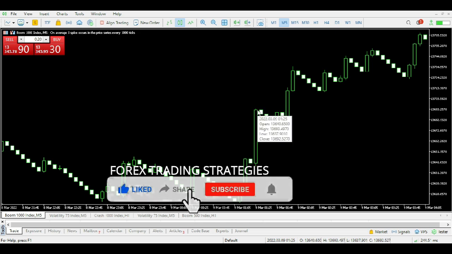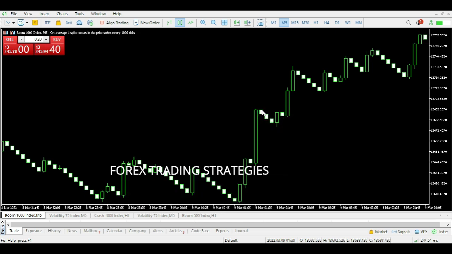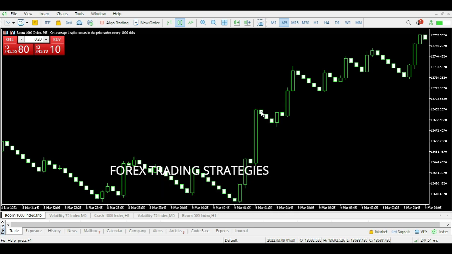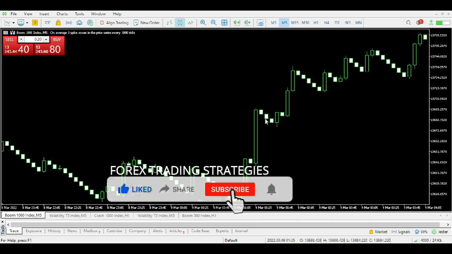So if the open of the next candle is lower than the high of the bullish candle, or lower than or equal to the close of the bullish candle, we want to just close that trade. That's basic closing thinking. If you are not understanding or following what I'm saying, just rewind the video and try to understand.